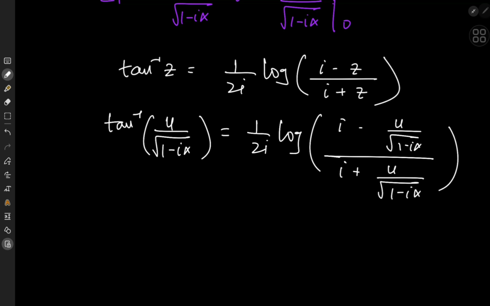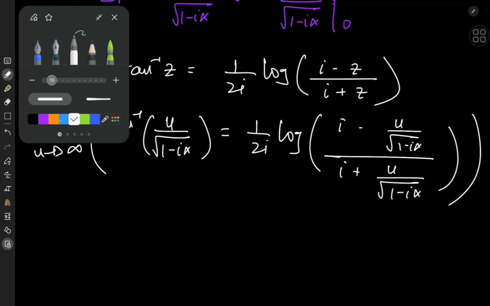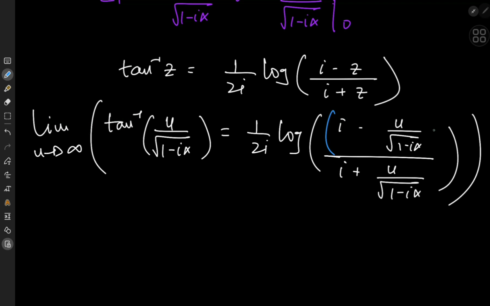Okay, cool. And we're interested first in the limit as u tends to infinity of the entire thing. And to evaluate this limit, first let's expand using the reciprocal of u. So I have 1 by u up here and 1 by u here as well.